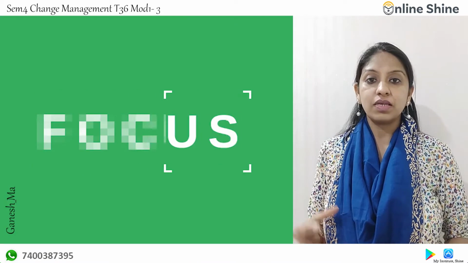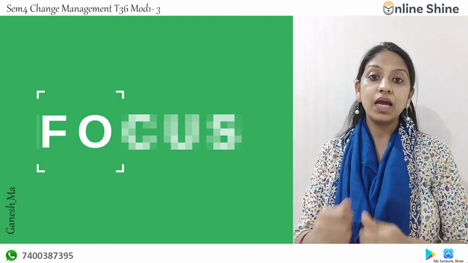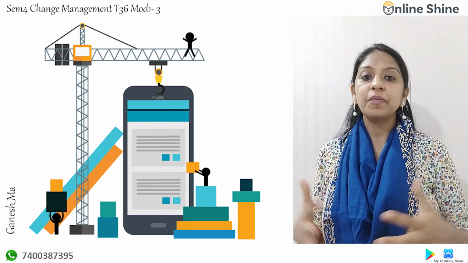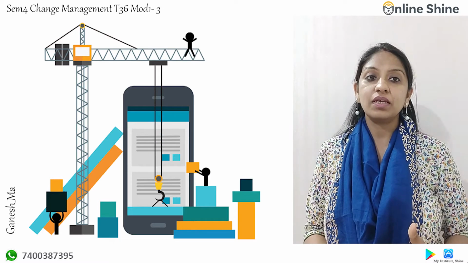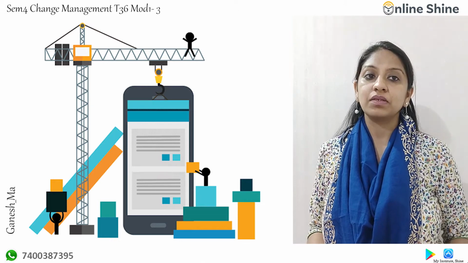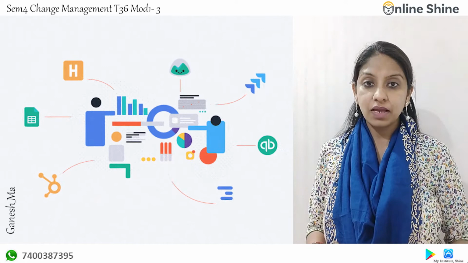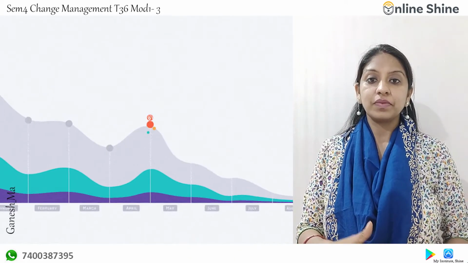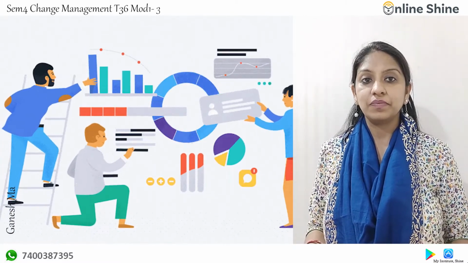So action research focuses on converting the information into action. The action research model improves an organization's preparedness in proactively responding to the change in advance and developing the internal mechanism. Means whatever the change is that comes, they proactively work on it and implement that change in the organization.